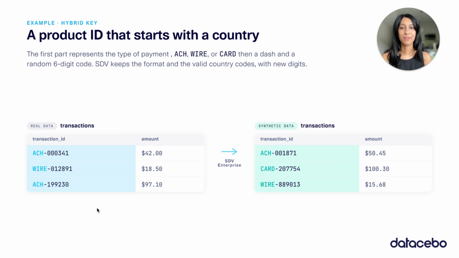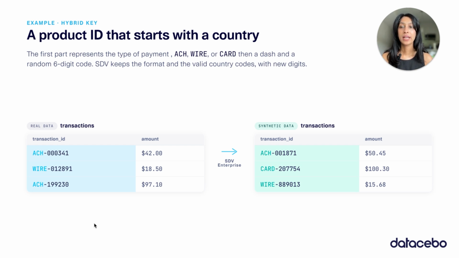Here's another example of an ID column. This time it's a hybrid of a natural concept and a surrogate value. Like we've seen before, the first characters represent the type of financial transaction. In your financial database, this is an ACH transfer, a wire transfer, or a card payment. Then there's a dash, and then a random 6-digit code. Together, this value uniquely identifies a transaction that took place in your system.